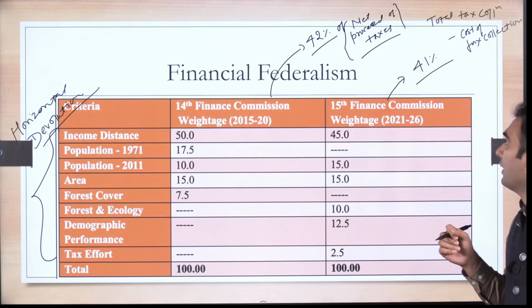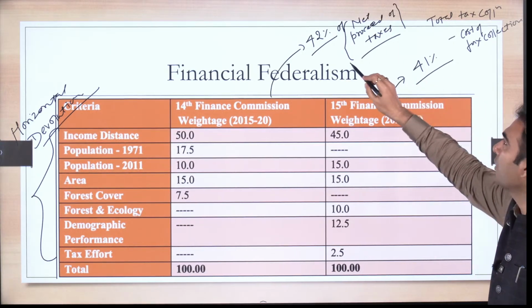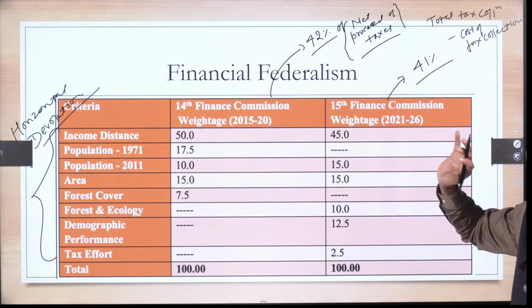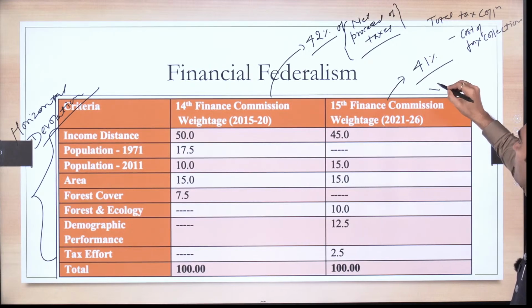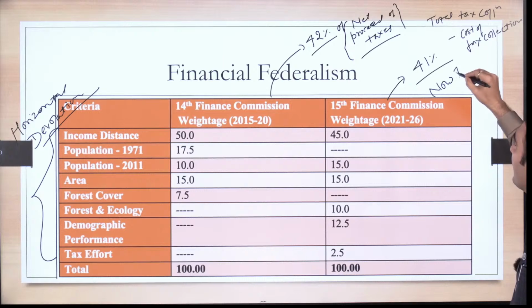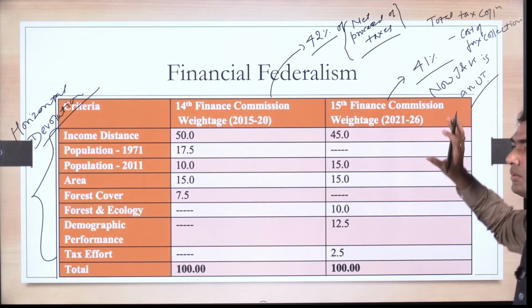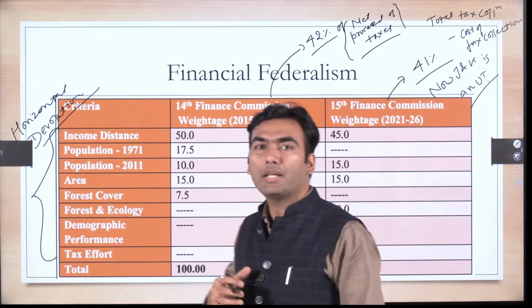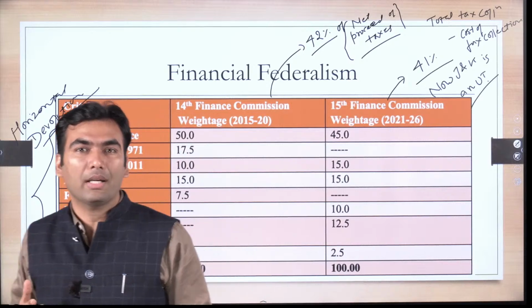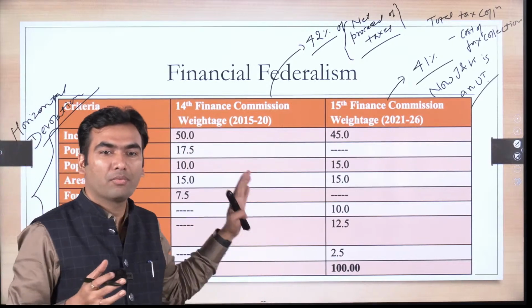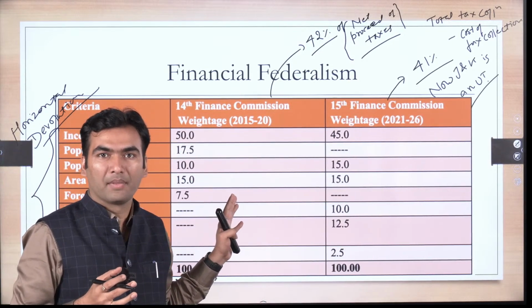Now the 15th Finance Commission has reduced it to 41%. The logic is simply that Jammu and Kashmir is now a union territory. So the expenditure for Jammu and Kashmir would be from the kitty of the center only. Union territories do not get a share using this formula.